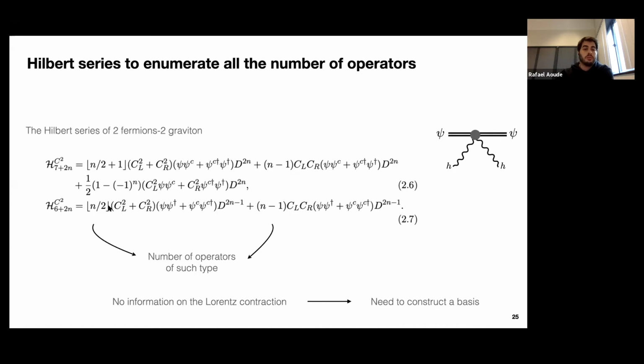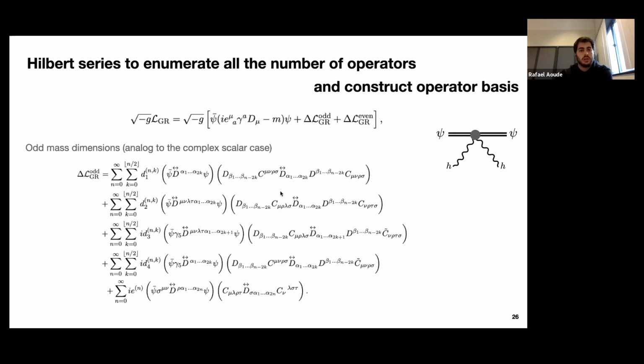The number in front of this Hilbert series is the number of operators that you have of such type. So this is the floor of n half. However, the Hilbert series does not give you information on how you contract these Lorentz indices. So you need to construct a basis for that. And this is the hard work, to construct a basis.